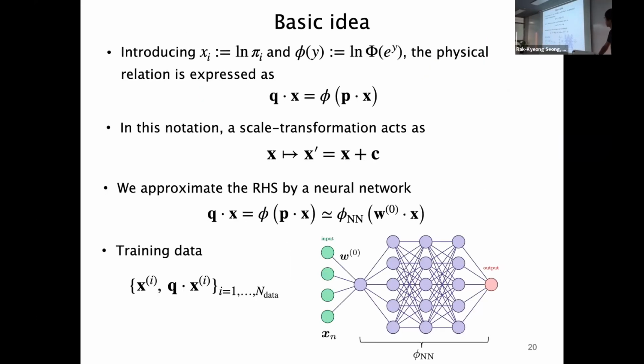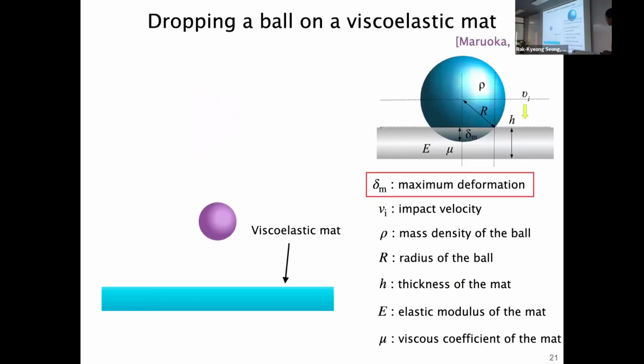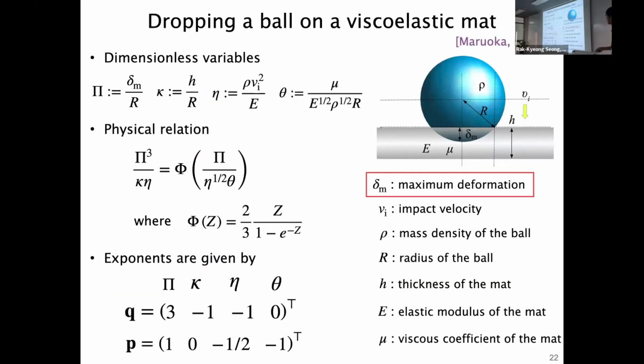Which means that, from the notation of the previous slide, we're going to take the Q to be this vector, which corresponds to this combination. And our problem is to estimate the correct P vector, which corresponds to this combination, for given data.